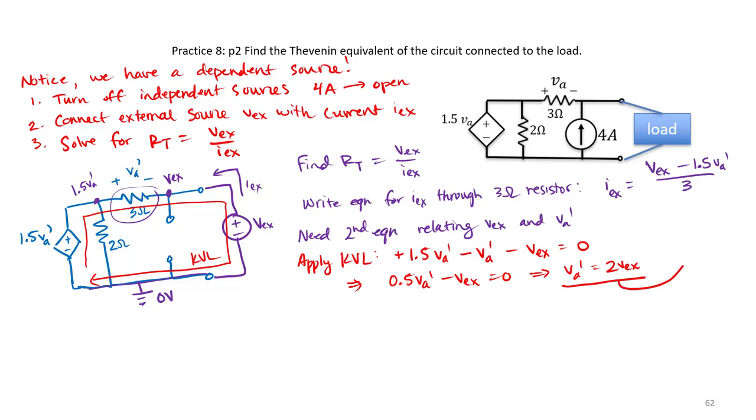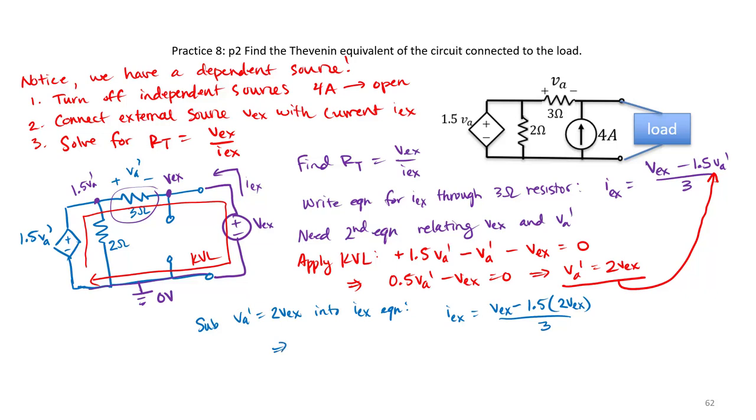Well, that's convenient, because now I can take that expression and plug it into what we had before. So let's go ahead and substitute. If we do that, we can determine that IEX is going to be VEX minus 1.5 times 2 VEX divided by 3.